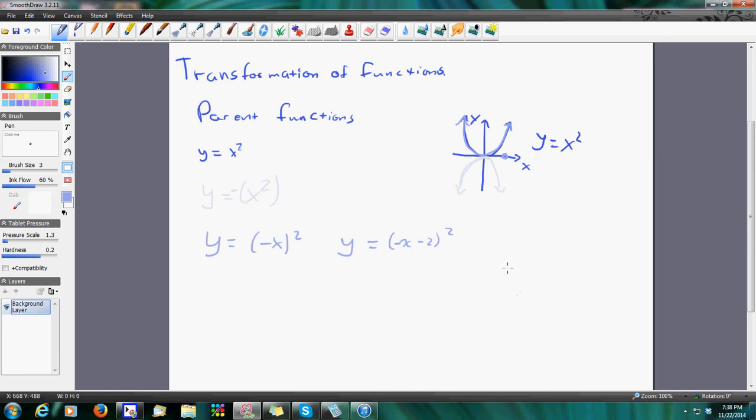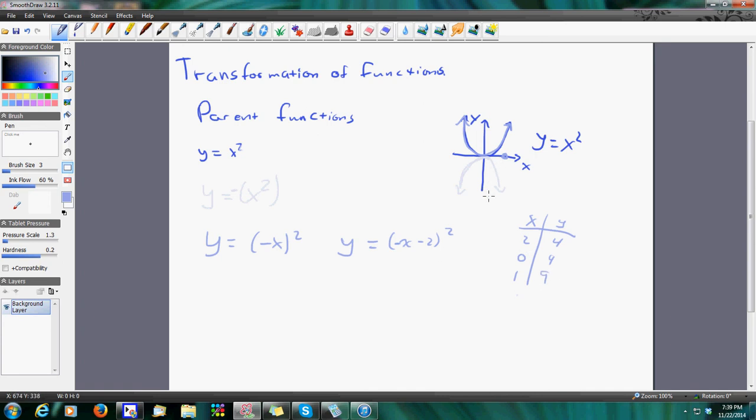Well, if I make a chart real quick, this is going to be an ugly chart, x and y. When x is 2, that's going to be 4. When x is 0, it's going to be 4. So what happens when x equals 1? Negative 1, negative 3, 9.